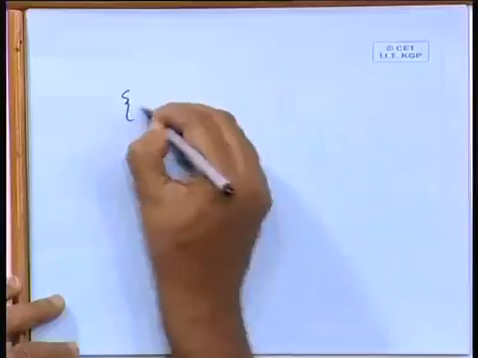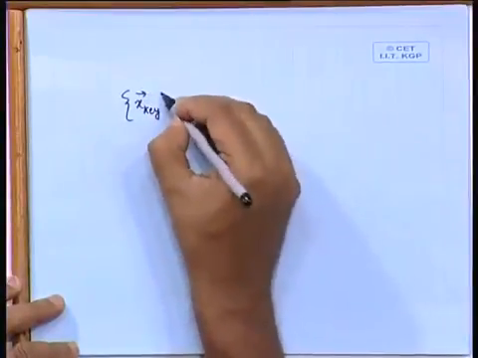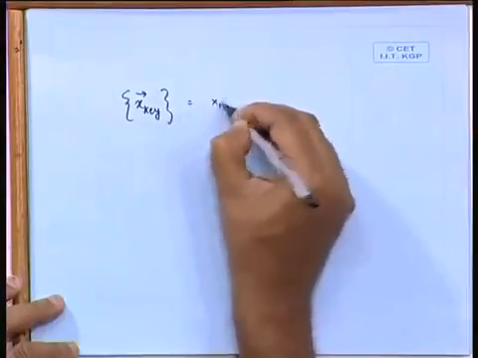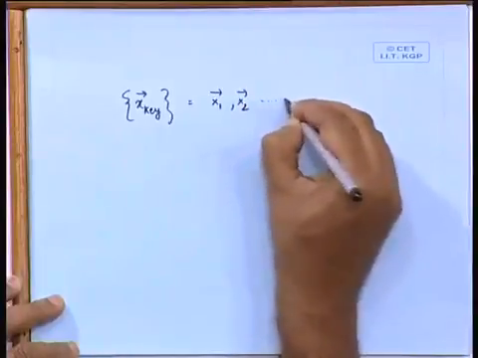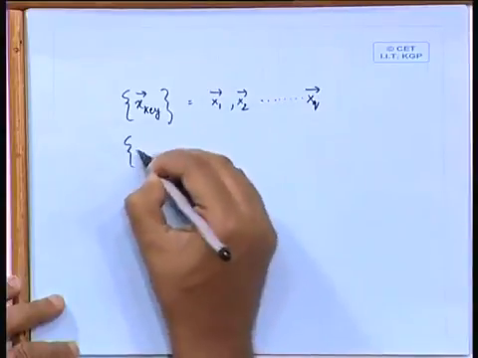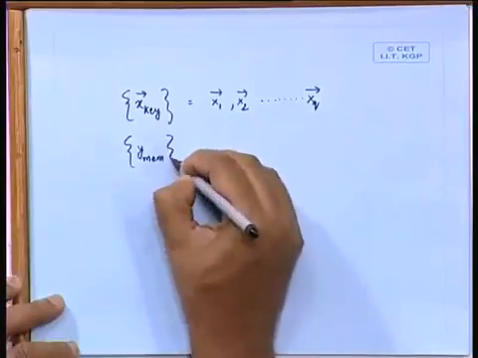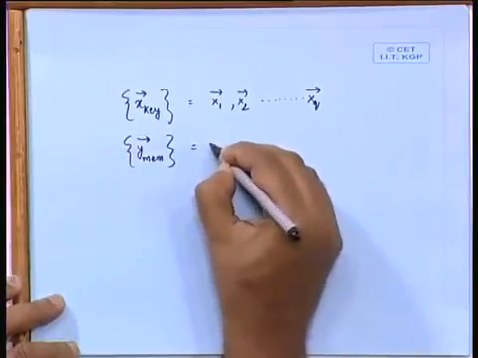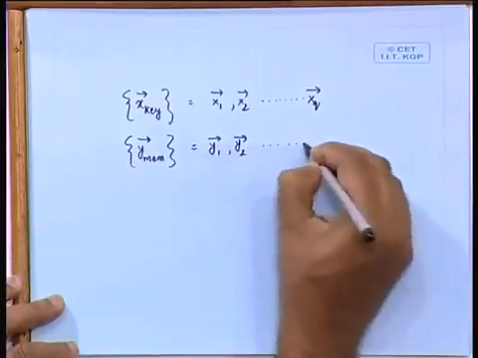Now, let us consider a set of key patterns. We can define the set of key patterns as a set of x key vectors, consisting of x1 vector, x2 vector, up to xq vector. And we have the corresponding memorized patterns y mem vector as y1 vector, y2 vector, up to yq vector.